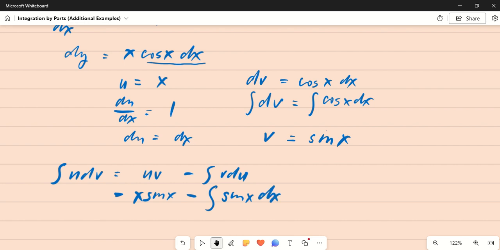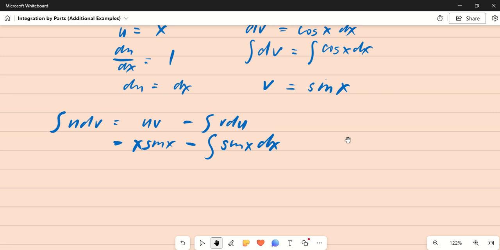So you write it here, dx. Simplifying further, we'll be having x sine x minus the integral of sine x, which is negative cosine x.